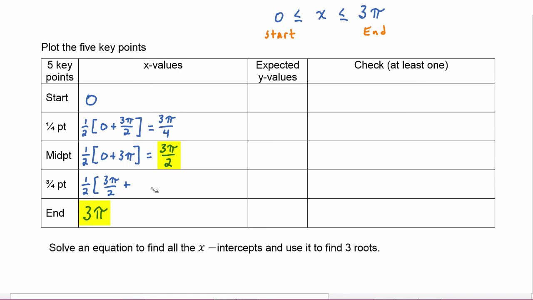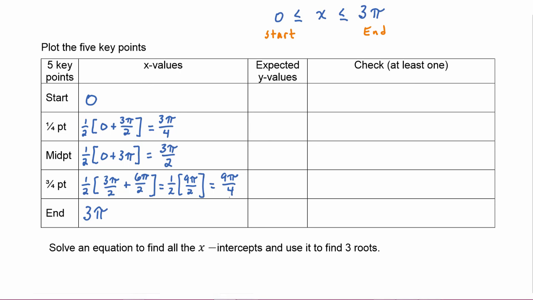Now I know it would be 3 pi that goes there, but I see I need a denominator of 2, so I'm going to write it as 6 pi over 2 so that I can more quickly do this addition. We have 3 pi over 2 plus 6 pi over 2. We know that's going to be 9 pi over 2. And half of 9 pi over 2 is 9 pi over 4.